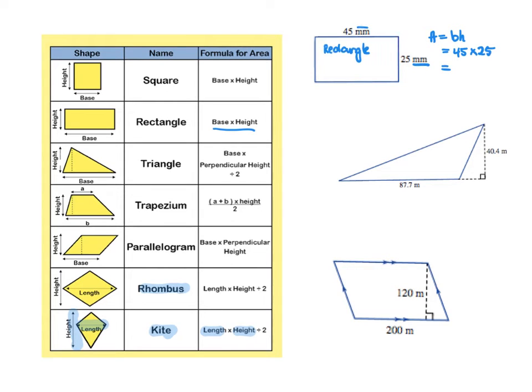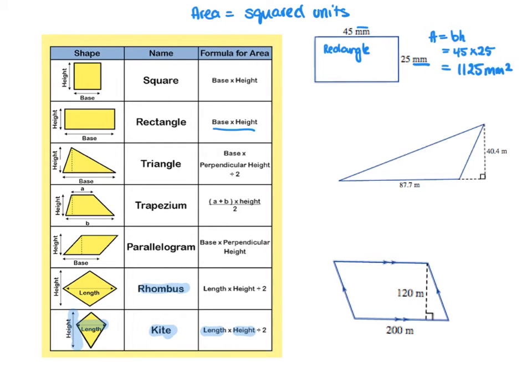I probably should have checked that first, but they are both in millimetres. So I do 45 times 25 in our calculator, and we get 1125 millimetres squared. So remember that area is squared units. So you'll see the little power of 2 in your answer.